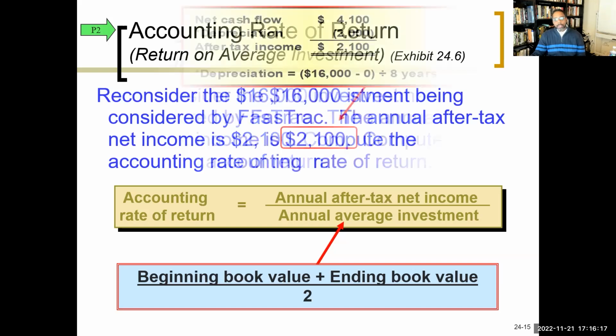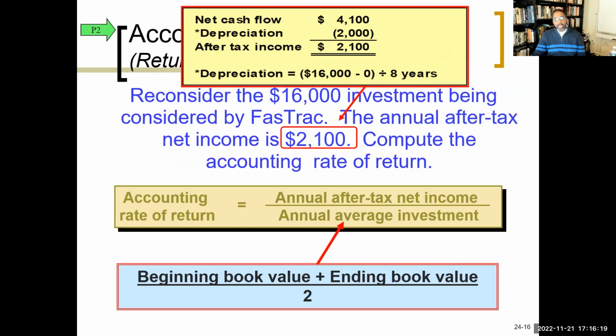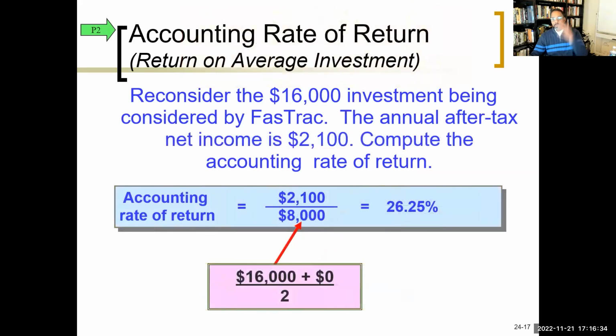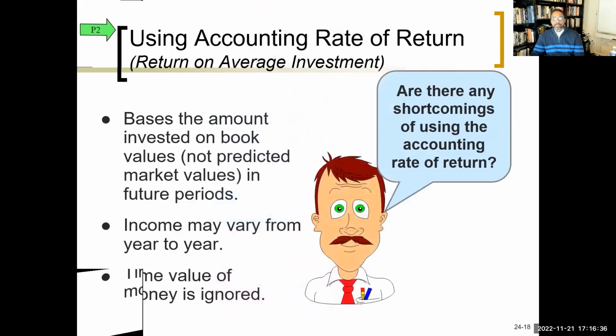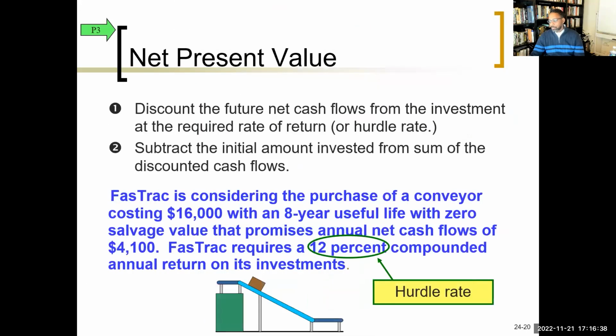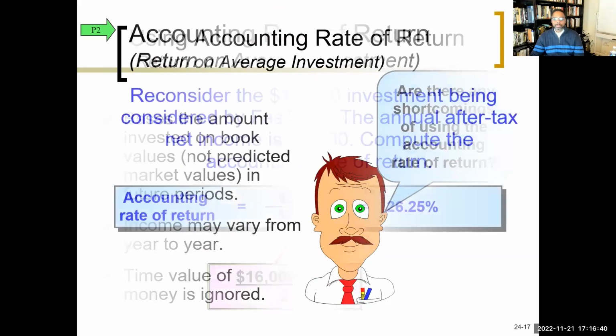Because net cash flow is 4,100, depreciation is 2,000, so our after-tax net income is 2,100.